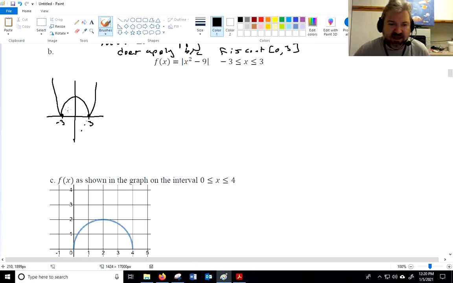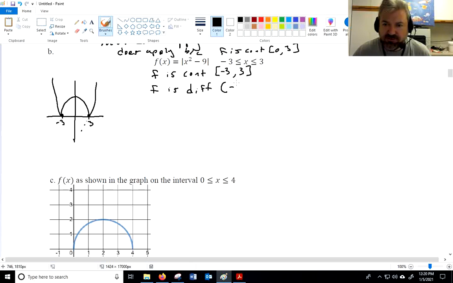So f is continuous everywhere. But f has places where it is not differentiable, at negative 3 and 3. But look what we can say. We can say f is definitely continuous on this interval, right? It's continuous everywhere. And we can say that f is differentiable on the open interval.